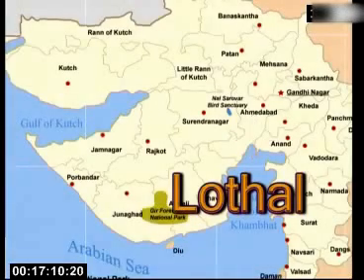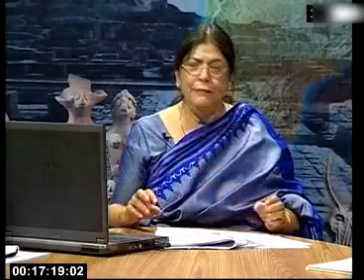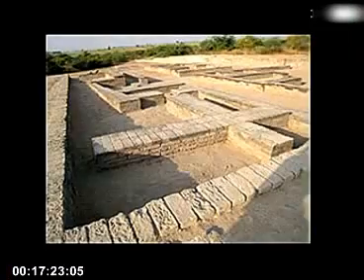Now, another important site is Lothal. Lothal, which is not far from Khambat or Cambay in Gujarat, is a seaport, and it was founded in 2200 BC. Lothal represents the typical features of Harappan towns. It is a typical Harappan town.